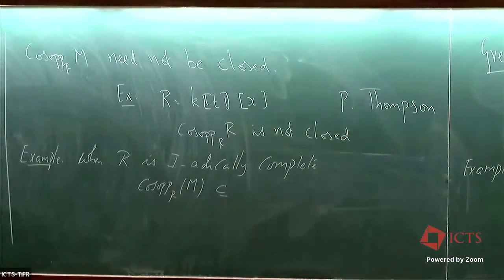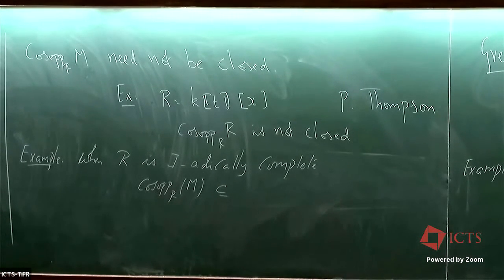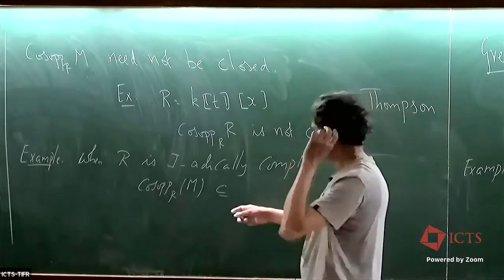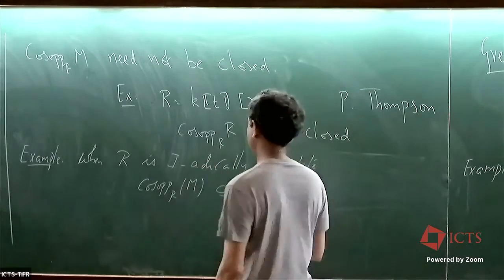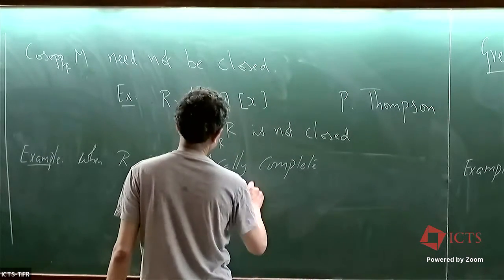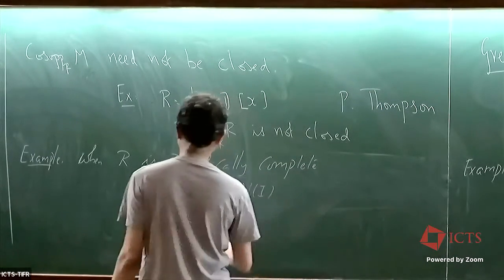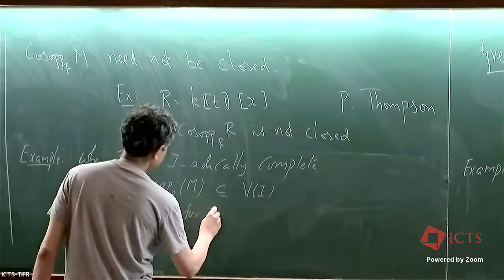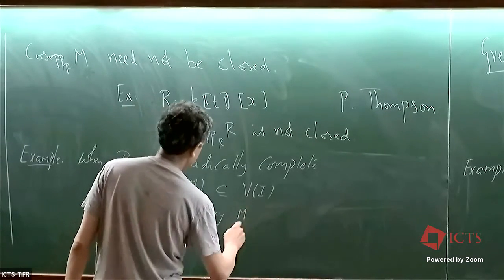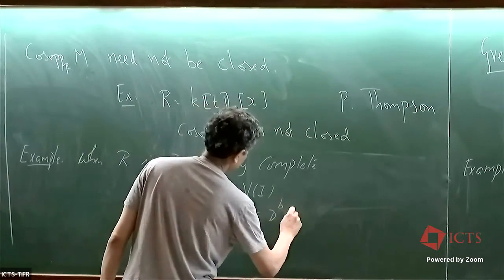It has many height 1 maximal ideals, although it's a two-dimensional ring. So what happens is if R is I-adically complete, then the co-support is contained in this for any M in D^b(mod R).